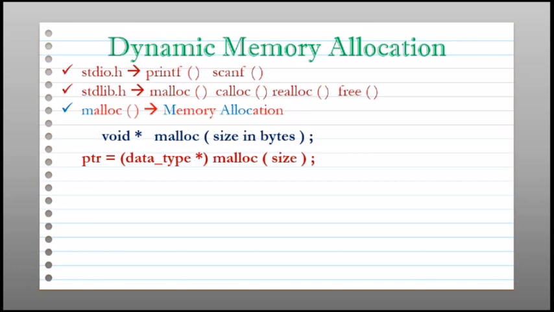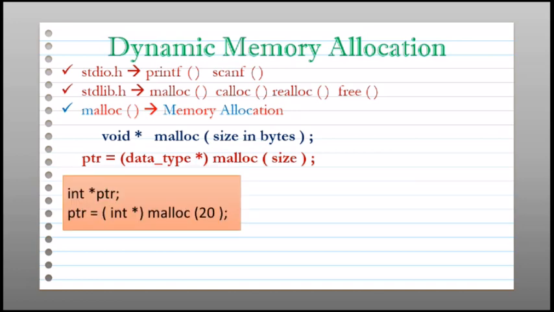This will convert the value returned by the malloc function, which is of void type, into the integer data type. We will see one example based on this.